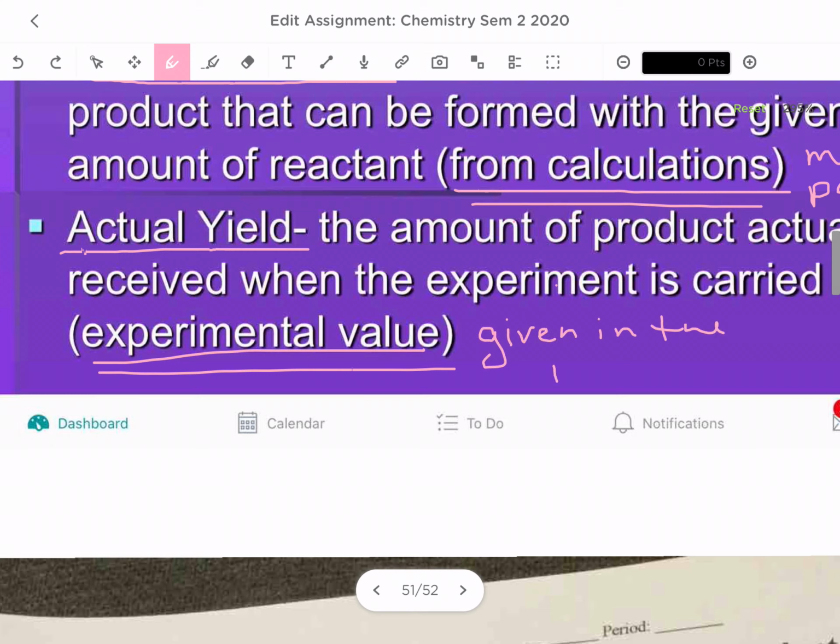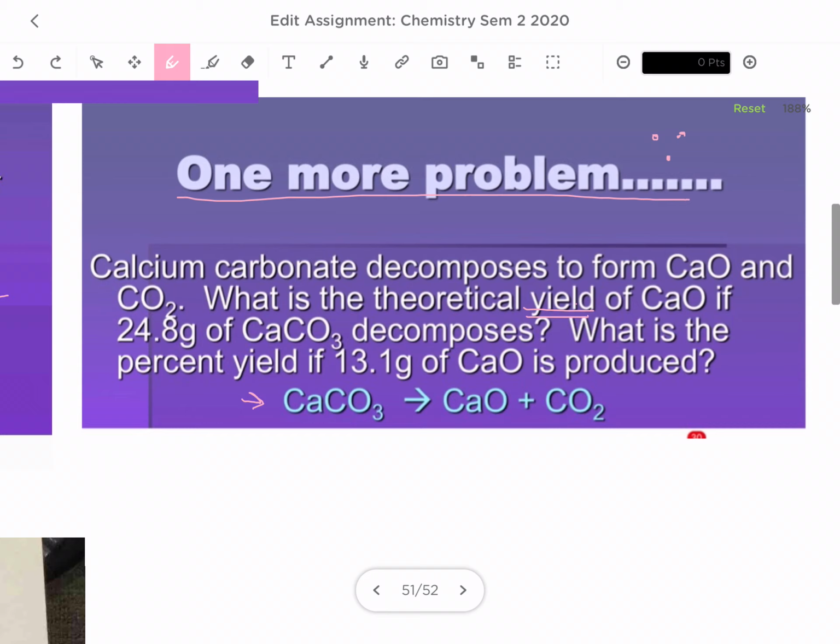Okay, so if we look here, we're going to read the problem first. It says calcium carbonate decomposes to form CaO and CO2. That's right here. So there's your balanced chemical equation. What is the theoretical yield? In other words, how much can I get from doing math on paper?